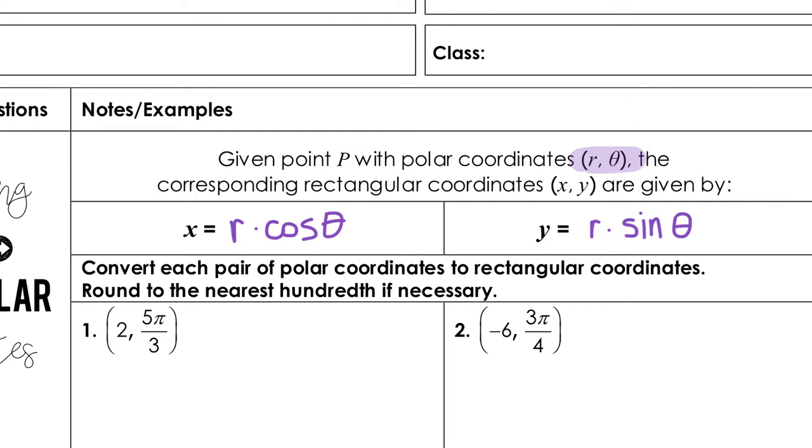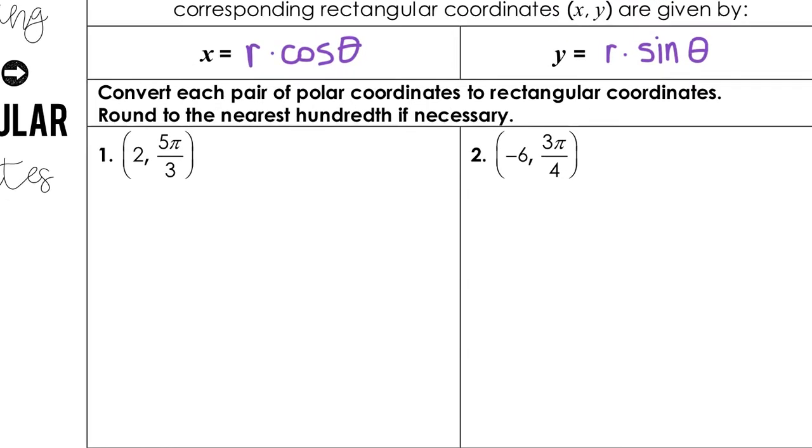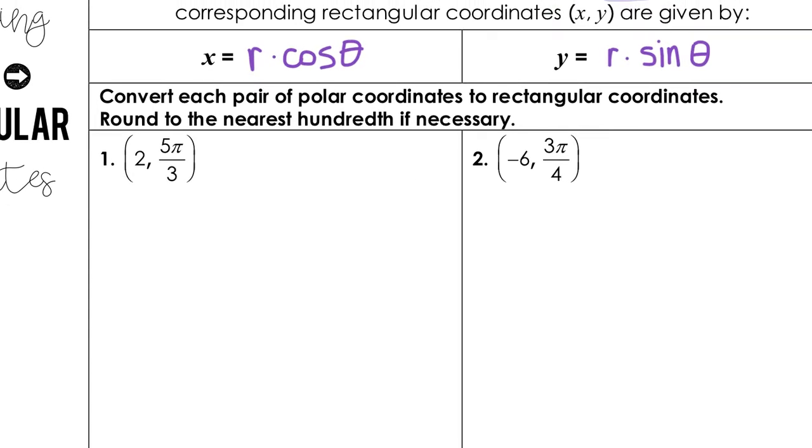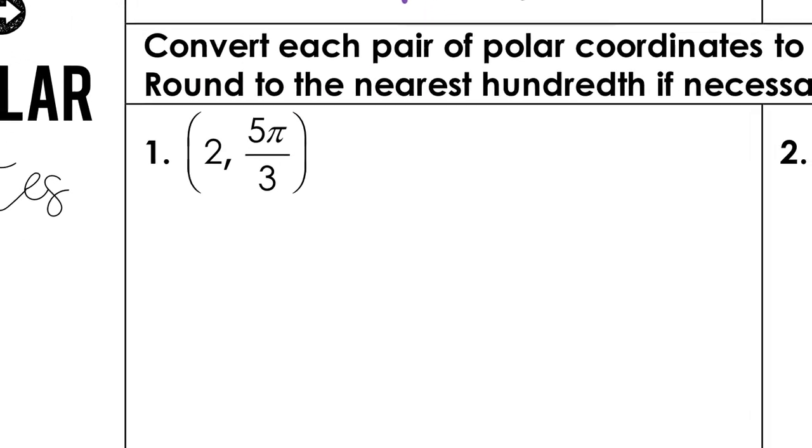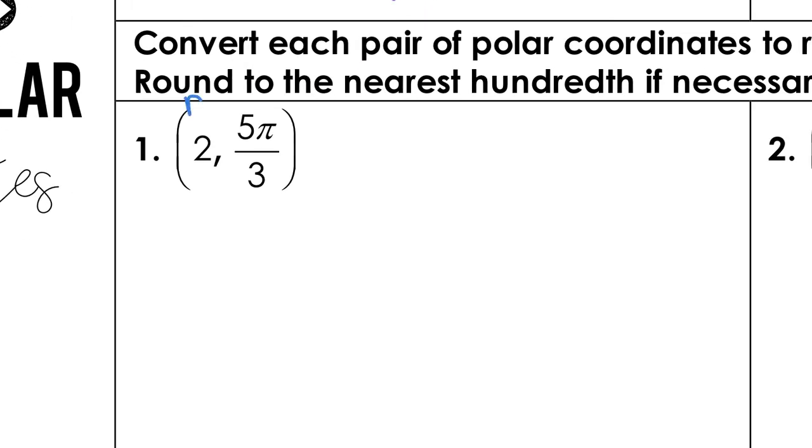Okay, so let's look at the first example. It says convert each pair of polar coordinates to rectangular coordinates, round to the nearest hundredth if necessary. So I have 2 comma 5 pi over 3. That 2 is r, and the 5 pi over 3 is our theta.